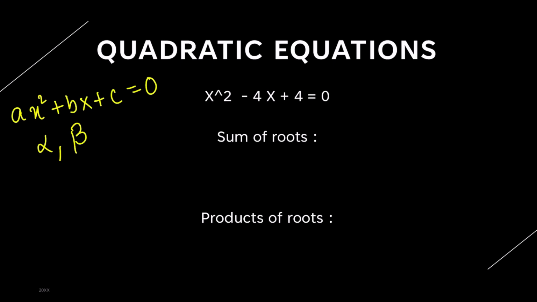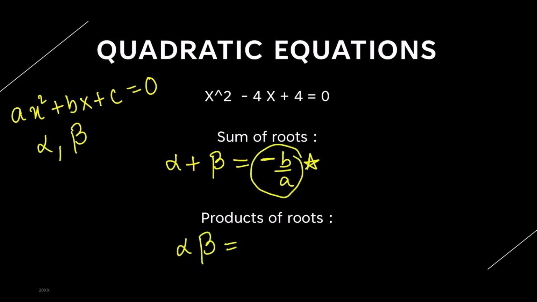Now, if someone asks you the sum of the roots of this equation, without calculating alpha and beta separately, that is going to be minus b by a. Just remember this: minus b by a is the sum of the two roots, and the product of those two roots is equal to c by a.